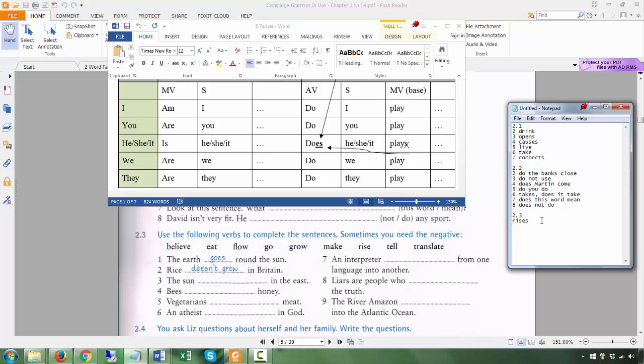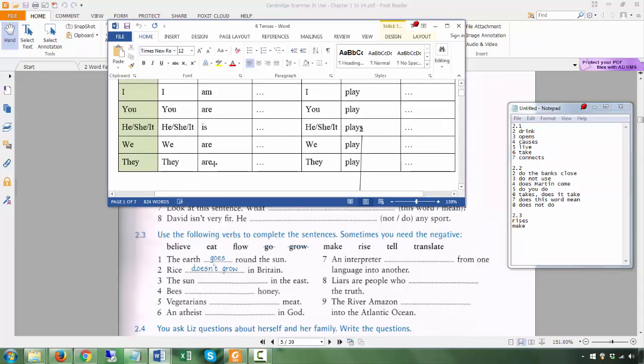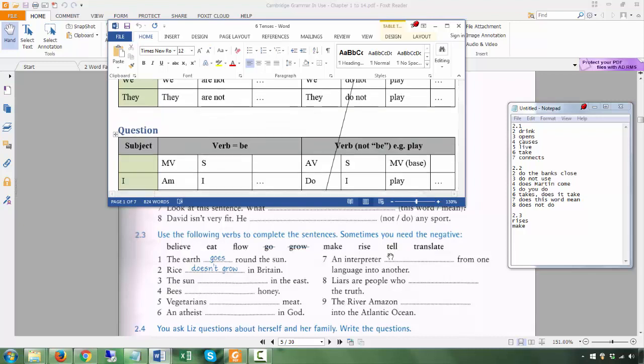Bees make honey. So it's make, not makes, because it's a they. This is not here, this is all the question, so it should be here, they, no s.